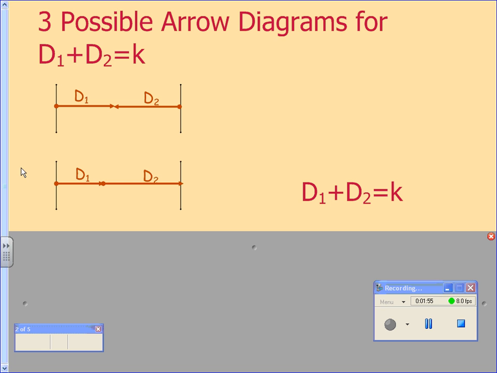You can have someone going from Ruston to West Monroe, and then the next person going from West Monroe to Monroe. It doesn't matter.